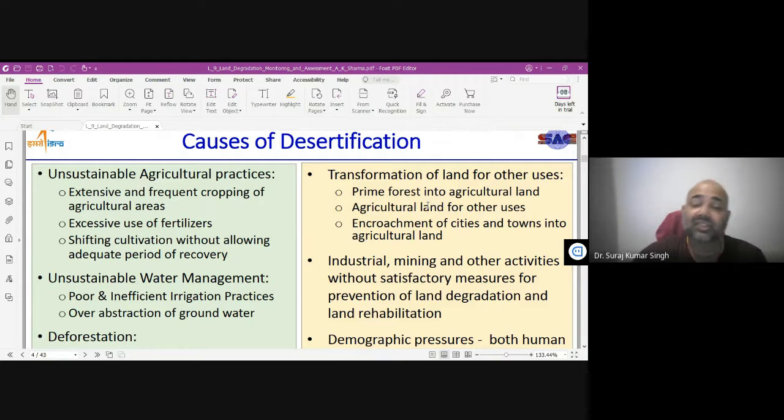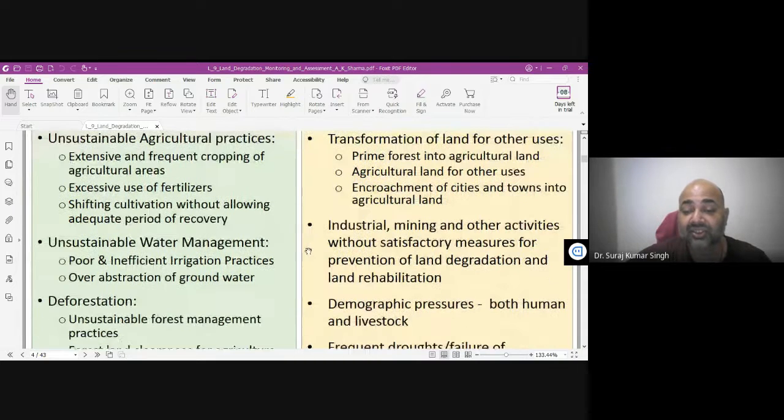But after 50 to 60 years, you'll see the city has expanded, and the entire agricultural land has gradually been converted into constructed land, whether private houses or commercial houses or single buildings, whatever kinds of construction. Then industrialization, mining, and other activity without satisfactory measures for preservation against land degradation and for land rehabilitation.